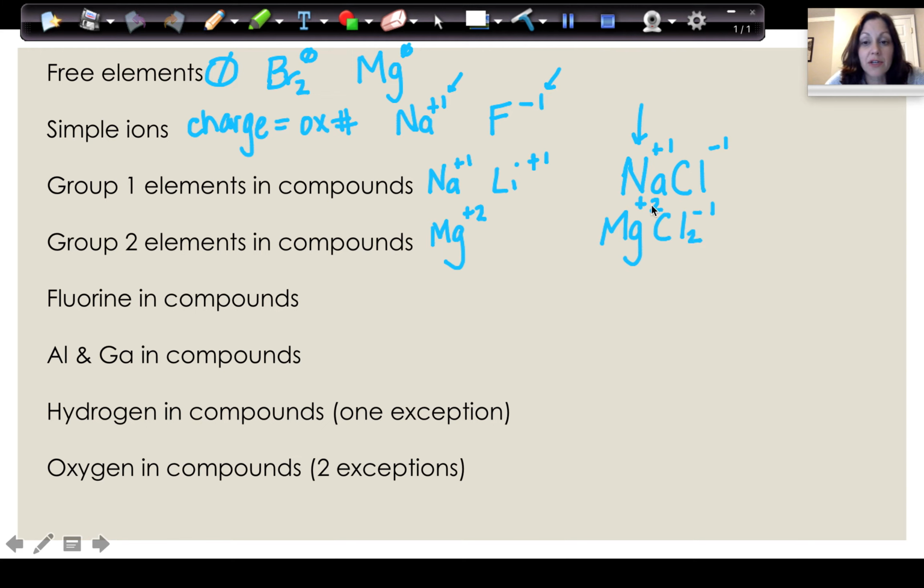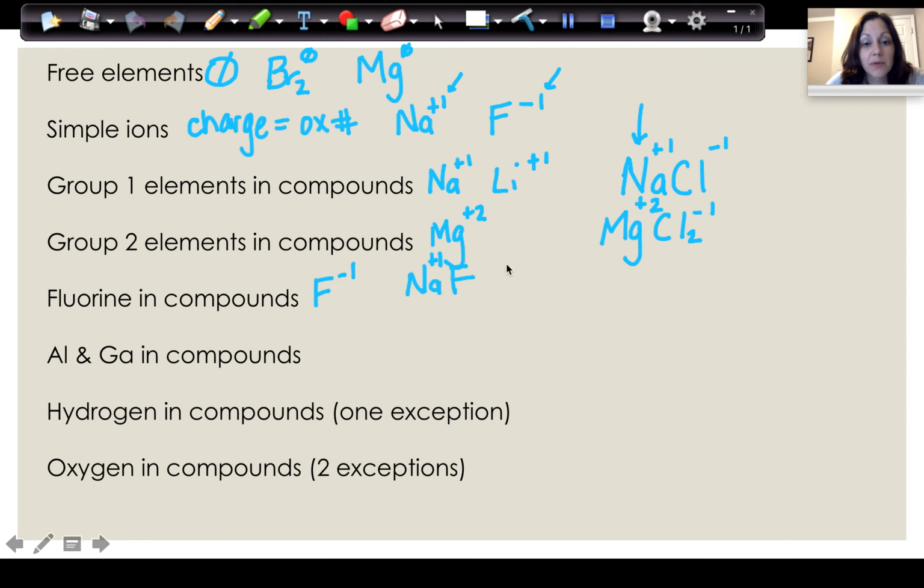Remember that fluorine is the most electronegative element, so it's always going to be negative. It's always going to have greater pull on the electrons in a compound. Its only possible oxidation number is -1. For example, if we had sodium fluoride, sodium, which we learned is a group 1 element, has to be +1 in a compound, and fluorine has to be -1.